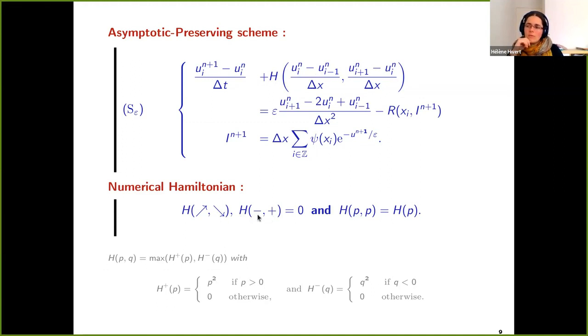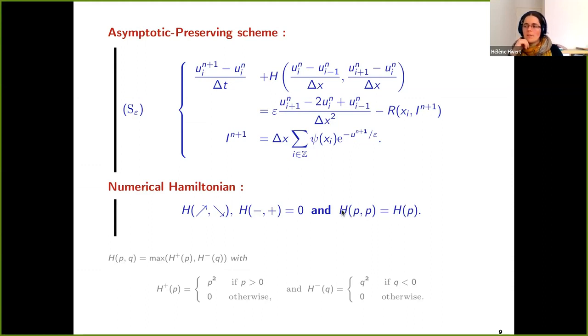It has to satisfy the fact that if it is evaluated in something negative and something positive, it is equal to 0.